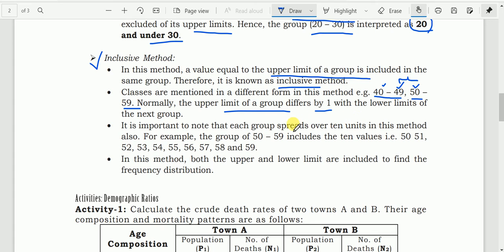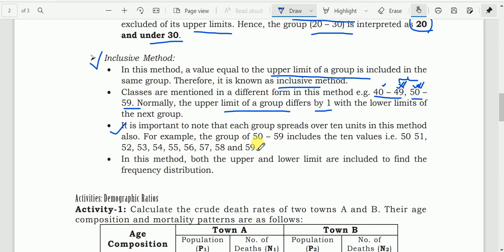Let me repeat. The upper limit of one group differs by 1 from the lower limit of the next group. It is important to note that each group spreads over 10 units in this method.